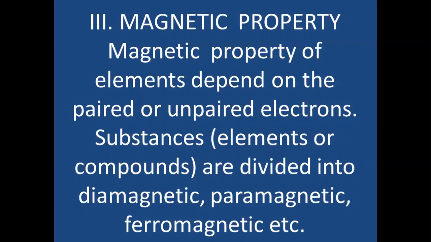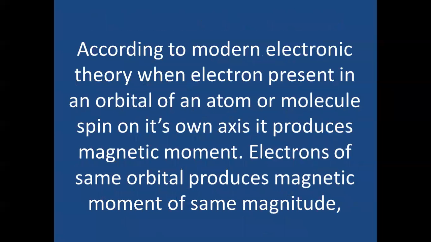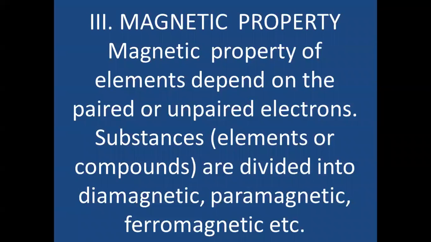Means either all electrons are paired, no unpaired electron is available in the atom or molecule of a substance, or sometimes at least one unpaired electron is there, one or more. On the basis of this, we can divide the substances into diamagnetic, paramagnetic substances, and ferromagnetic substances, etc.